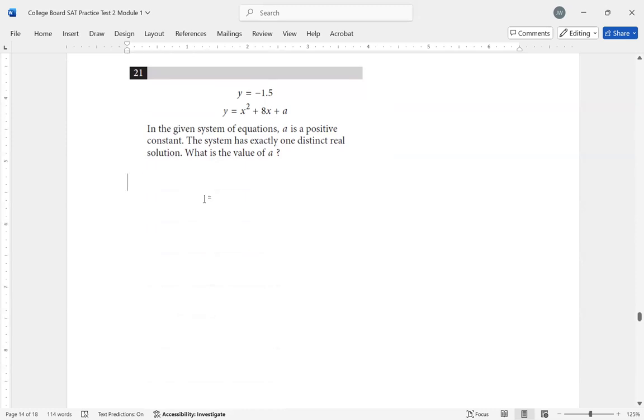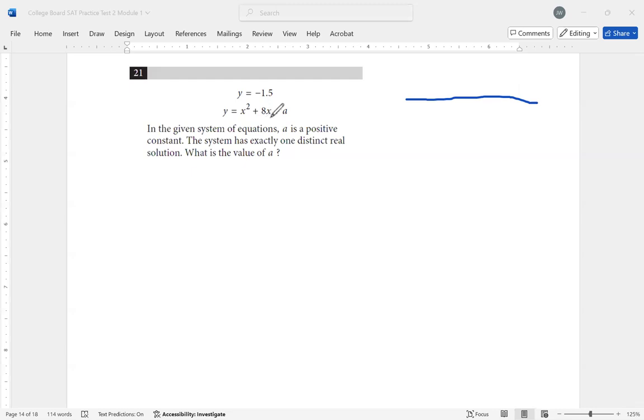For question 21, it says in the given system of equations, a is a positive constant. The system has exactly one distinct real solution. What is the value of a? So the first thing we have to realize is that y equals negative 1.5 is a horizontal line.